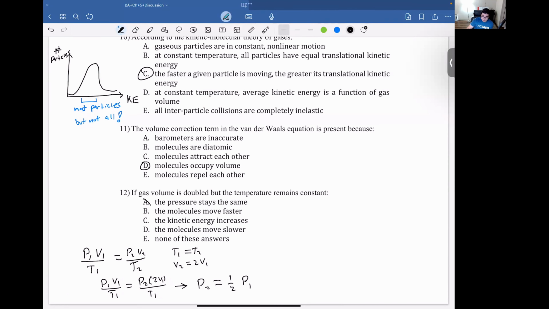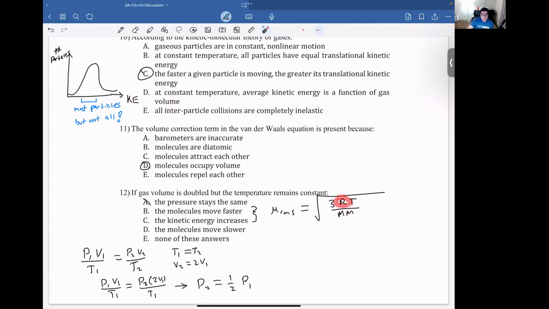B says the molecules move faster, or the kinetic energy increases. Molecules moving faster and kinetic energy increasing go hand in hand. So how do you look at that? You can look at your root mean square speed formula, which tells you the average speed of your molecules.